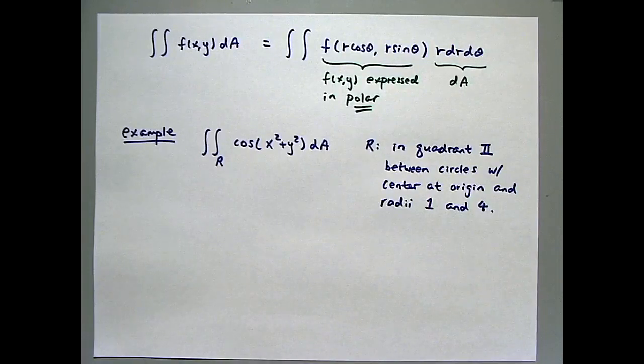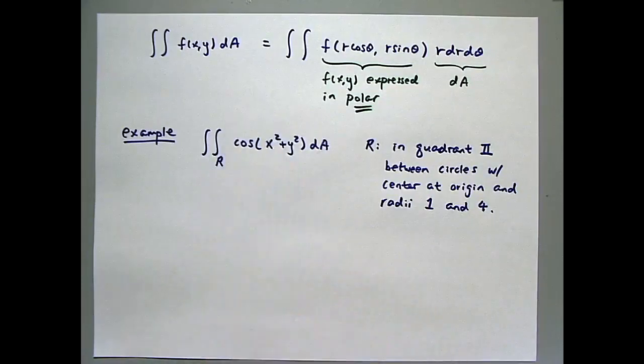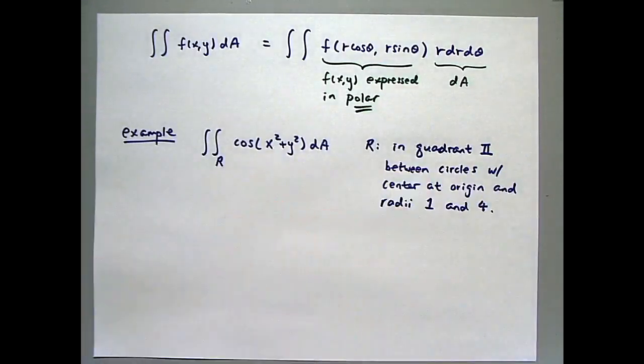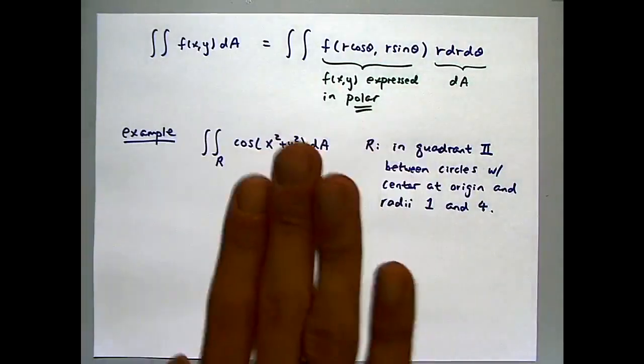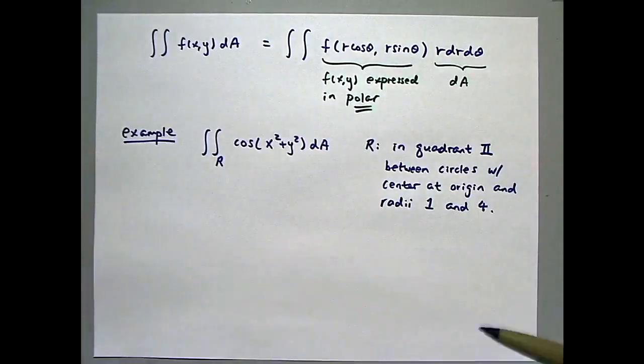Okay, the very typical setup, we're integrating the function cosine of x squared plus y squared. Again, imagine this is the height of the surface above the region. We're finding a volume below that surface over this little circular segment.